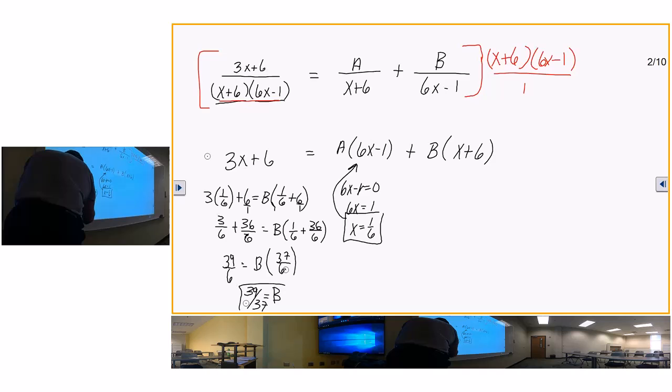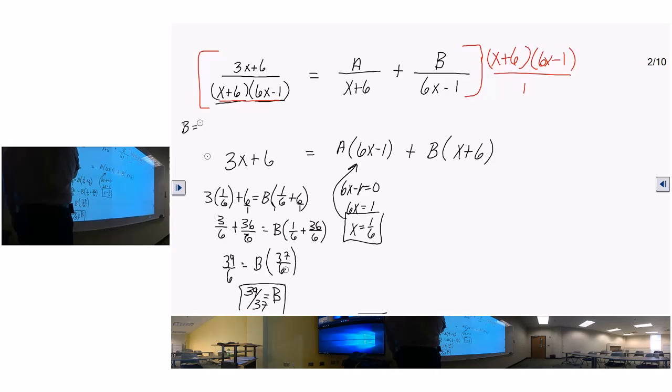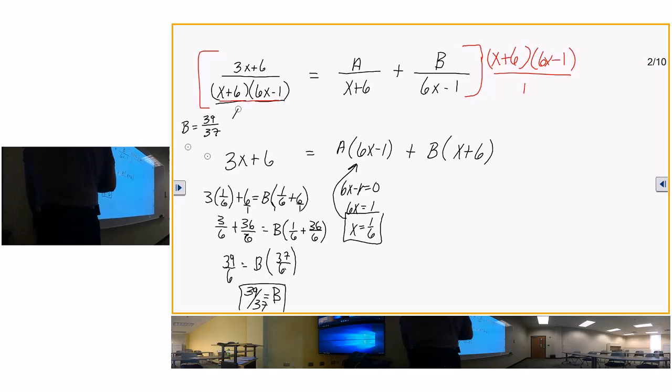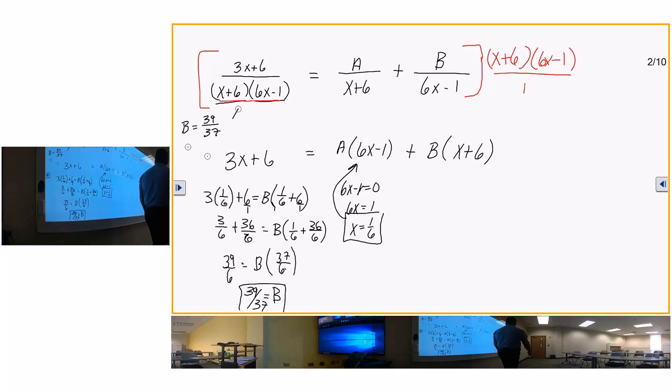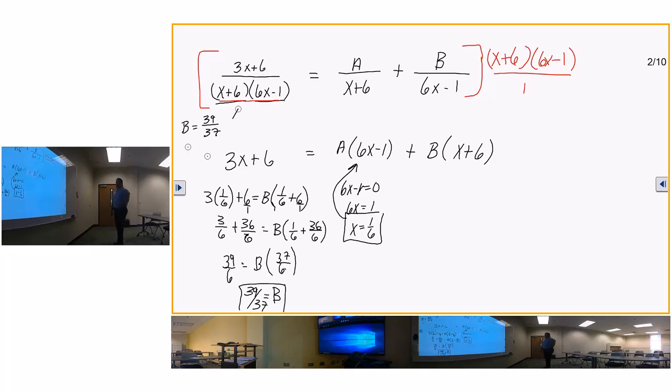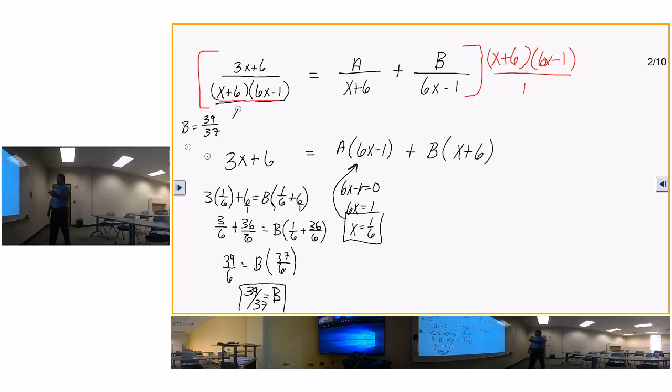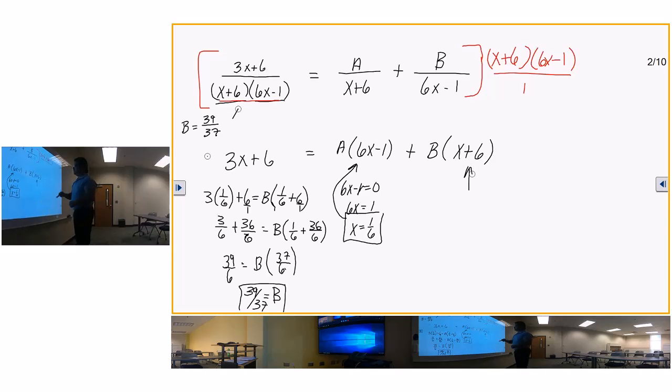Now, I want you to go write that up here somewhere. b is equal to 39 over 37. And after you write it down, pause the video in case you need to check where I did something. Pause the video right now, and I'm going to erase this, and we're going to attack this one next. Okay? So I'm going to erase it.